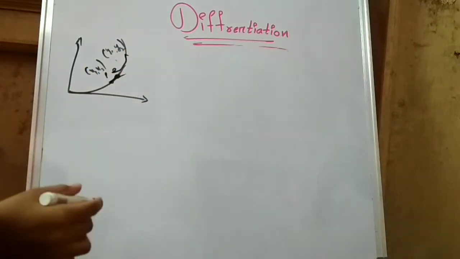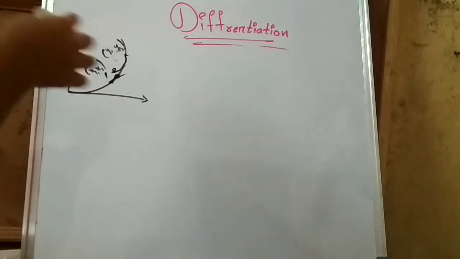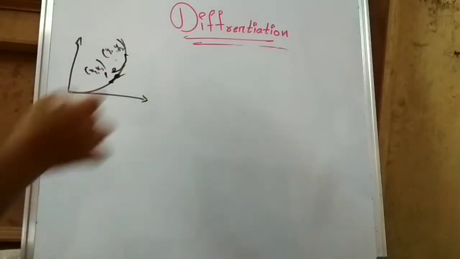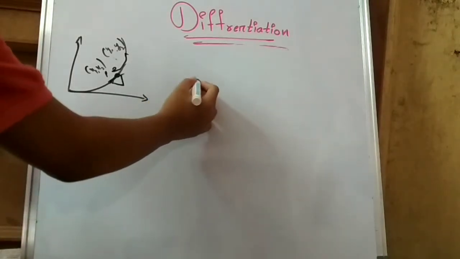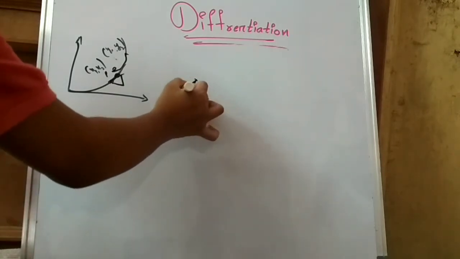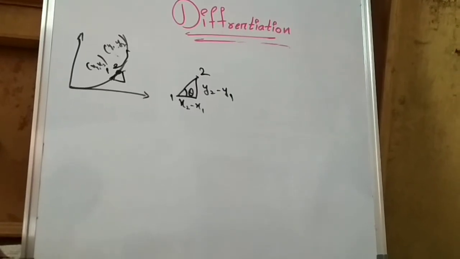So here we have drawn our tangent. With this tangent we can form our triangle. If you magnify it, you can easily get this diagram.